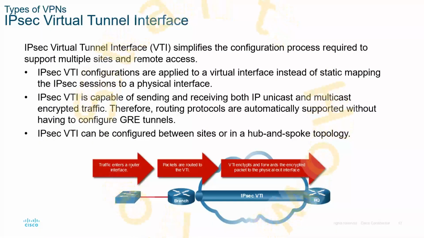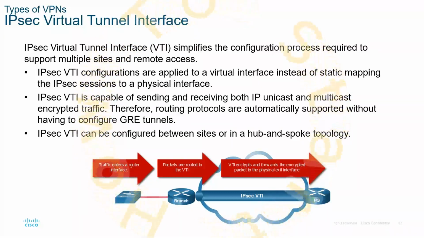The IPsec portion will build what's called an IPsec Virtual Tunnel Interface, or IPsec VTI, VTI for short. Basically, the traffic will be sent from the end node to our branch router. The branch router will send it through the VTI interface. The VTI interface is the IPsec tunnel, and it will be used to encrypt the data and forward it as a new logical interface.